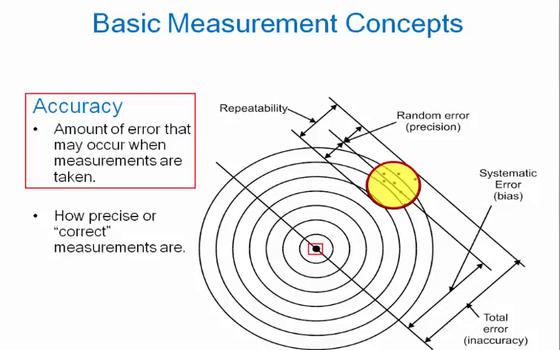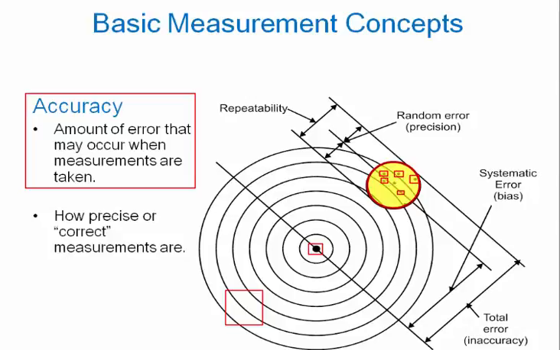But if I found that my arrows were hitting random places around here, you can see that one of the ways I can correct this issue is to aim down here somewhere.